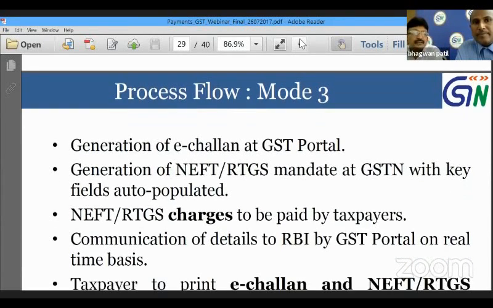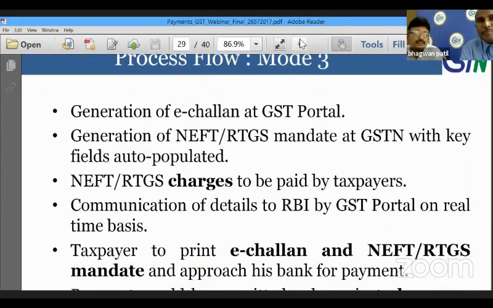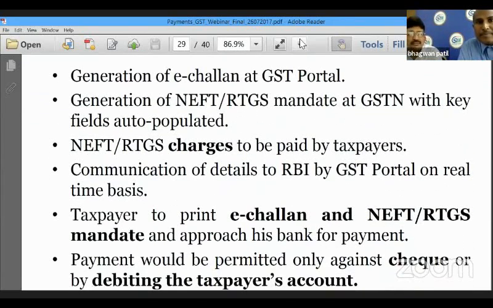Next one is paid at tax office. This is actually for enforcement activity. If any penalty amount or security amount is to be paid by you, you can just pay to the enforcement officer. In that case, the enforcement officer will create a challan on behalf of you and generate CPIN.